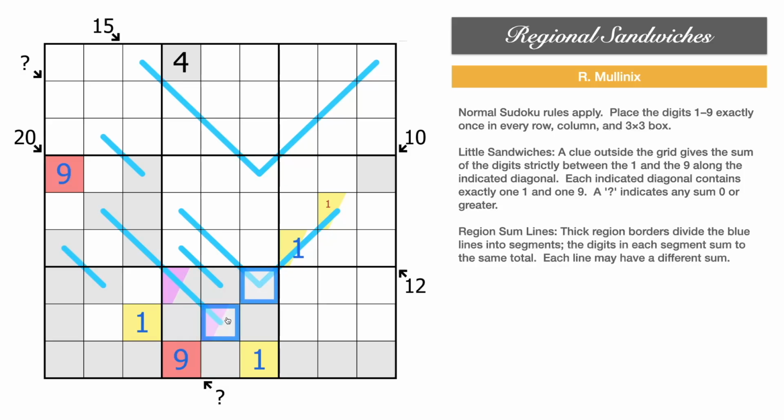And if this sums to 10 also, then we'll have two 10s that share the same digit, and that's impossible. For example, if this is 4, these would both have to be 6, or if this is 2, these would both have to be 8. It's impossible for this to be 10 and this to be 10 simultaneously. And since we already know this is 10, this can't be 10. So that pushes this crust out to here. So this has to be the 1.